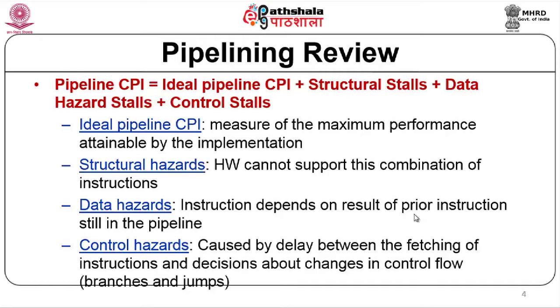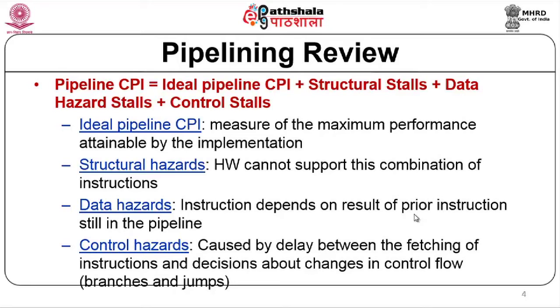Structural hazards occur in the pipeline because of not having enough duplication of resources. You do not have enough functional units to support different combinations of instructions. You have data hazards because of data dependencies and name dependencies between instructions.